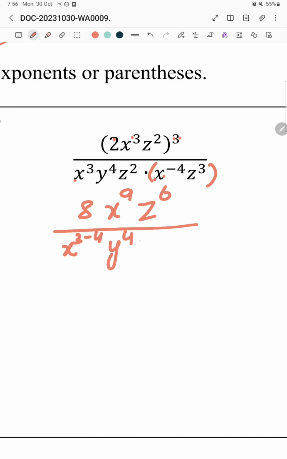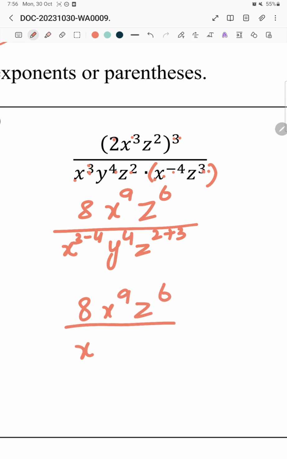y to the power 4, z to the power 2 plus 3, because we are going to add the powers. So x is 3 and minus 4, y there is no power for y, and for z it's 2 plus 3. So it's going to be 8 x to the power 9 z to the power 6 x to the power minus 1 y to the power 4 z to the power 5, which is z5 with z6, only one will be left.